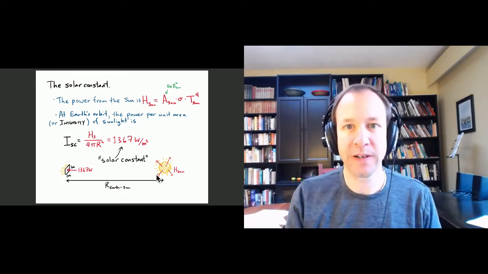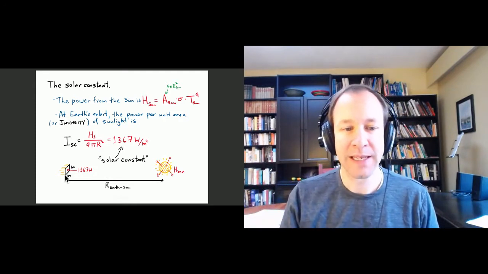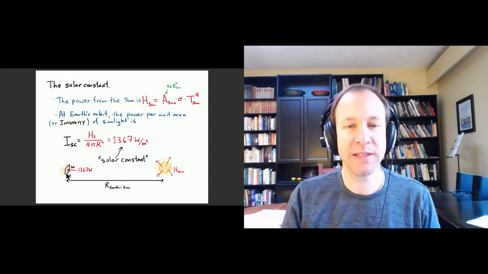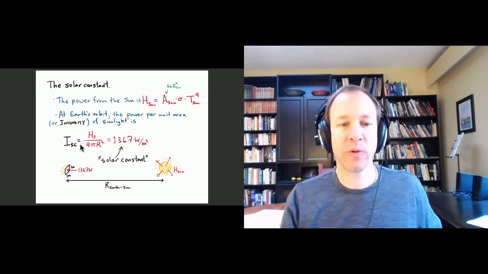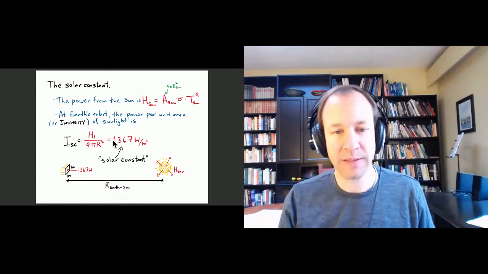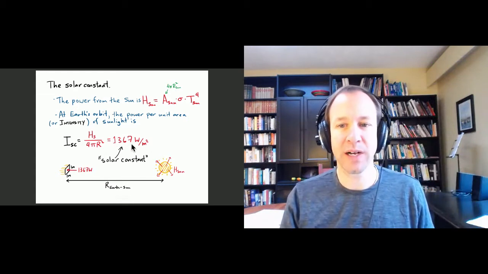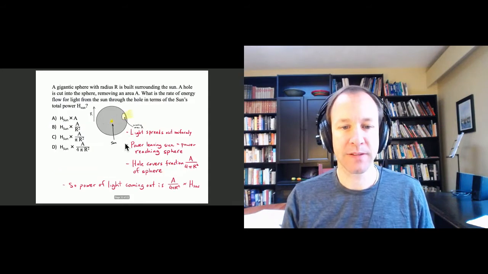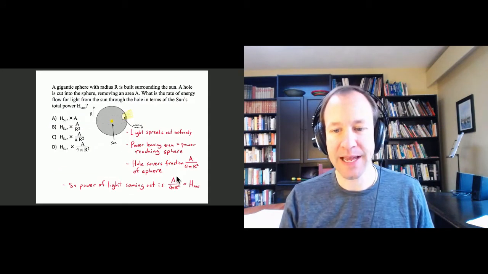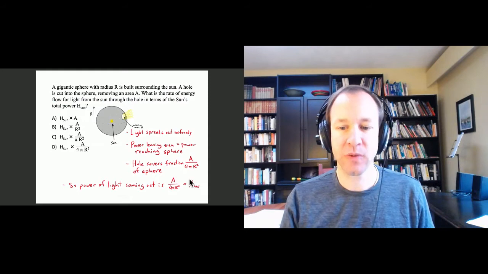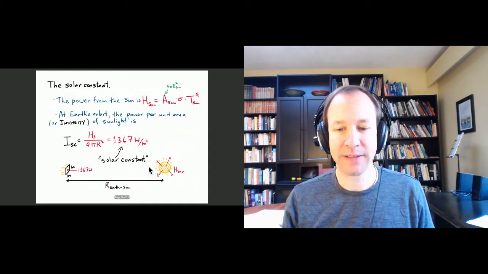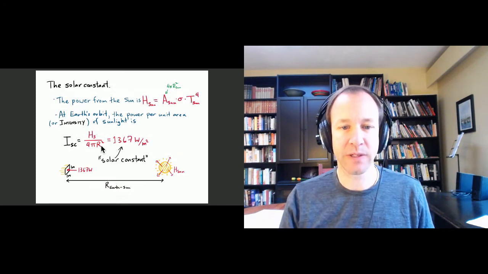First, we're going to figure out how much energy from the sun is incident on a 1 meter by 1 meter region. And that works out, using our previous formula, to 1367 watts per meter squared. Okay, so that is basically just setting A equal to 1 meter squared, taking the power of the sun and dividing it by 4 pi r squared.